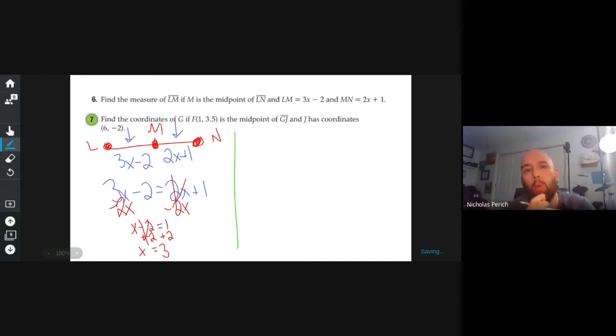Am I done with this problem? Yes or no? I don't think so. Is it asking me to find x? Is that what the directions state? No, it's asking me to find LM.